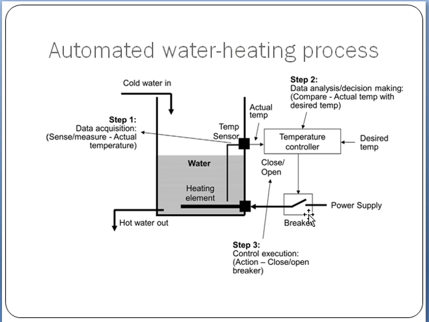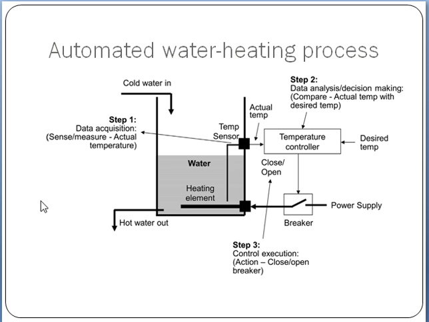So the power supply is given to the heating element, and the heating element is on, so the temperature is going to rise more. But in the second condition, when the actual temperature is higher than the desired temperature, the temperature controller sends the signal to open the breaker. So the power is not given to the heating element, and now the temperature is not rising.